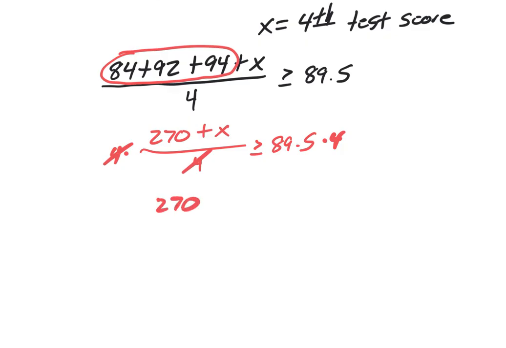So we're going to go 270 plus x, and 89.5 times 4. What's that give us? 358, okay.